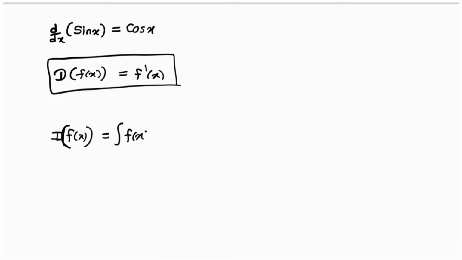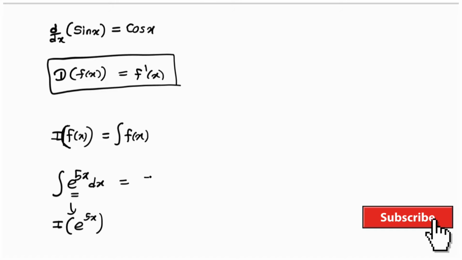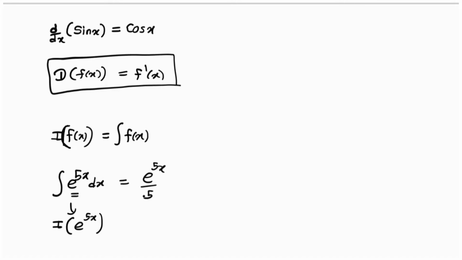For example, if I take the integration of e raised to the power 5x dx, here I am applying I on this function. So I am applying the I transformation on the function e raised to the power 5x. We will get another form of this function, and it is e raised to the power 5x divided by 5, and there is an integrating constant c also, but here for understanding we will ignore it.